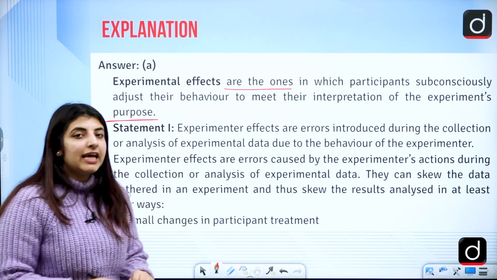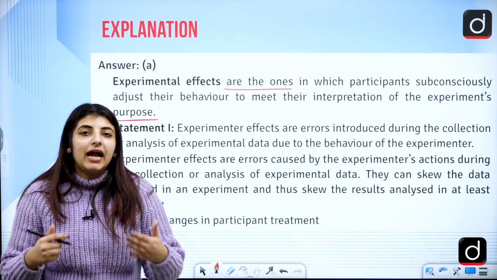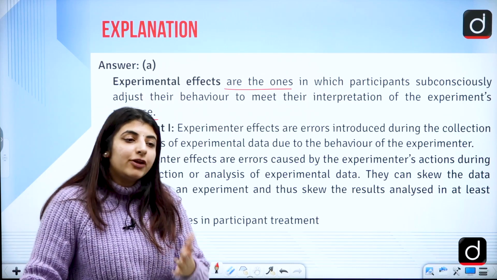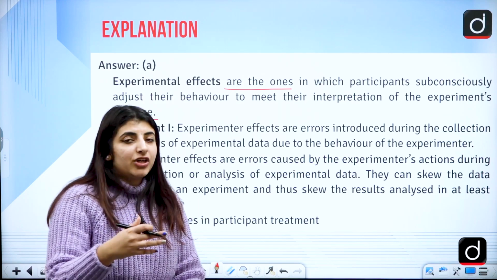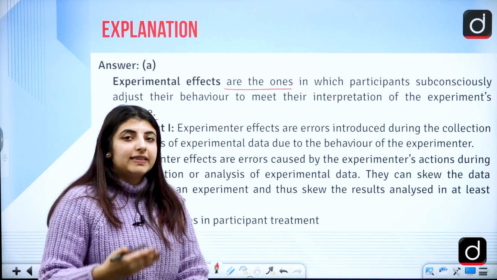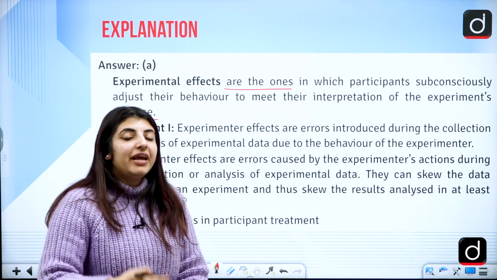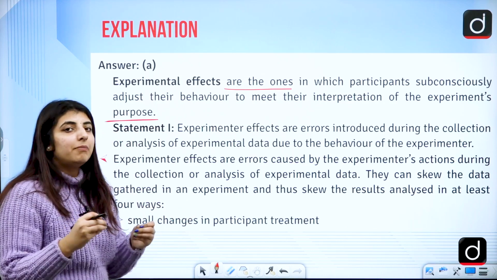So, for instance, even if a person is given a sugar pill, and the experimenter asks, are you feeling better, but you were having a headache, they will subconsciously adjust and say, yes, I'm feeling better. So their behavior will change based on their subconscious, which is a little biased.